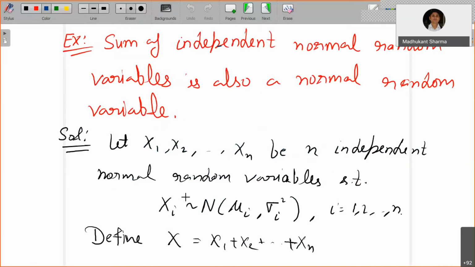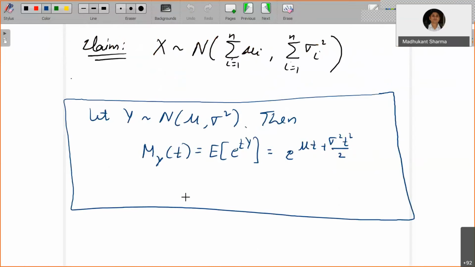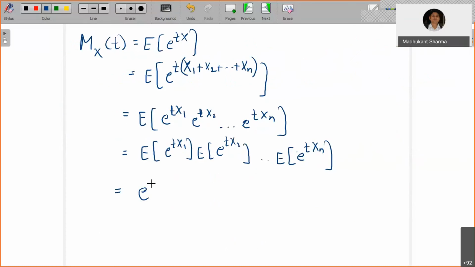For the first one, the mean for X1 is mu1, so it is going to be e to the power mu1 t plus sigma1 square t square by 2, into e to the power mu2 t plus sigma2 square t square by 2, and so on, e to the power mu n t plus sigma n square t square by 2.